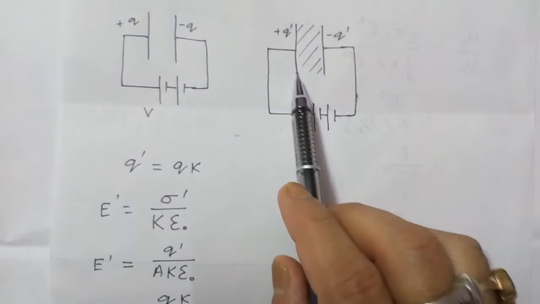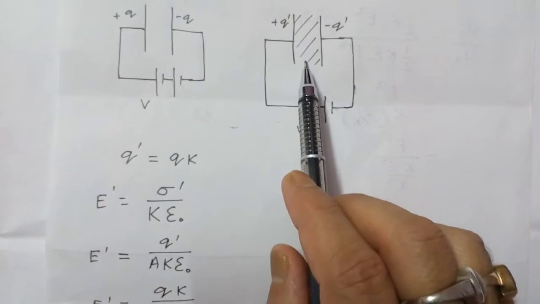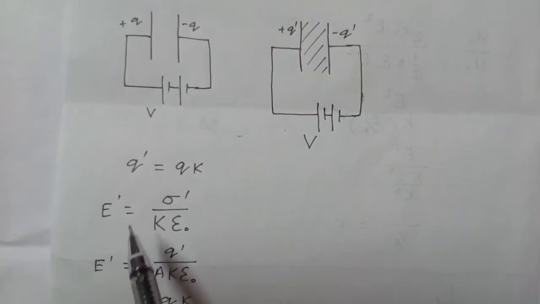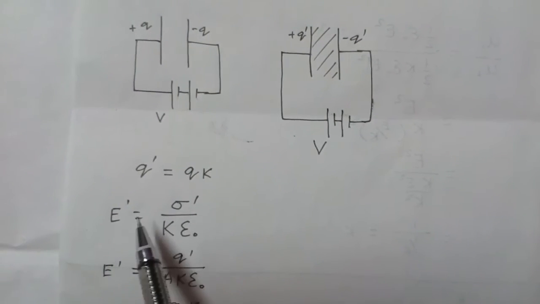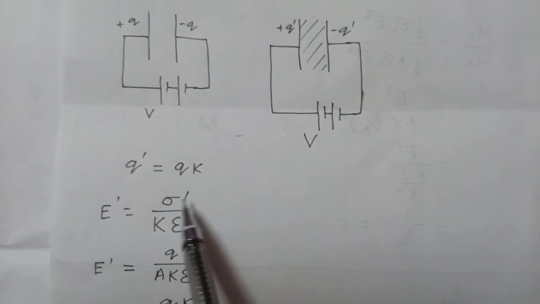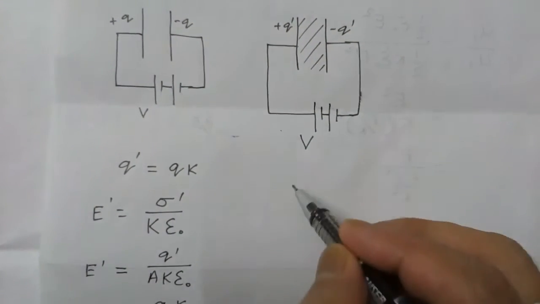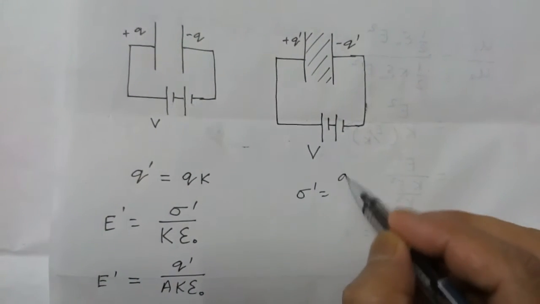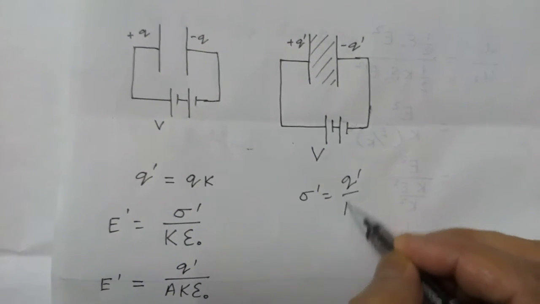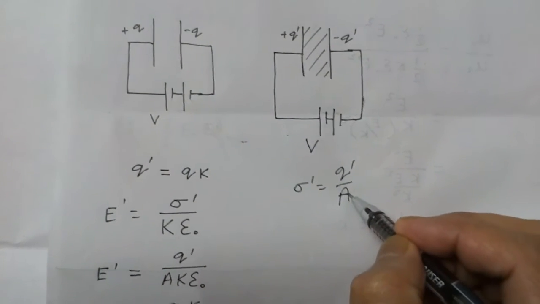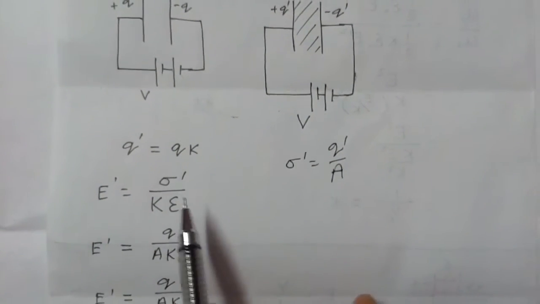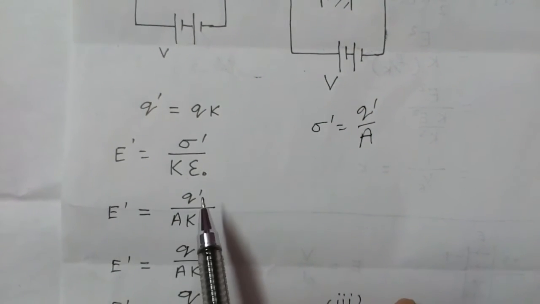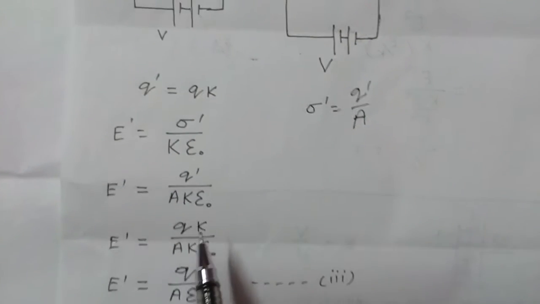Now with the dielectric slab, suppose electric field intensity is E dash, and this E dash will be equal to sigma dash upon K epsilon naught, where sigma dash is surface charge density and this is equal to Q dash by A. Now in place of sigma dash, write Q dash by A. So E dash is equal to Q dash upon A K epsilon naught.